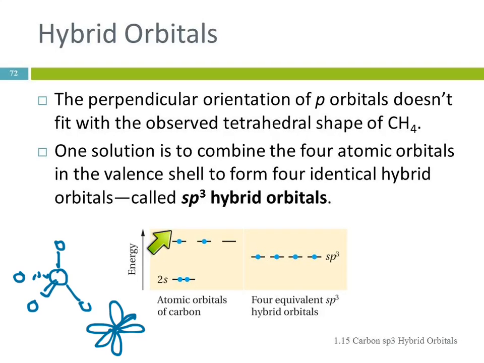So what we're doing here is we're taking these orbitals, 3 p orbitals and 1 s, and we're combining them, melting them together, making a hybrid orbital. So now we have 4 orbitals that are equivalent, and we call them sp3 because this is the averaging or combination of 1 s orbital and 3 p orbitals.